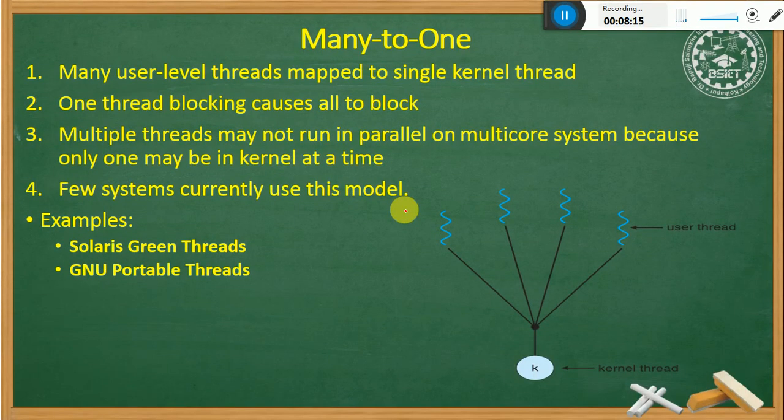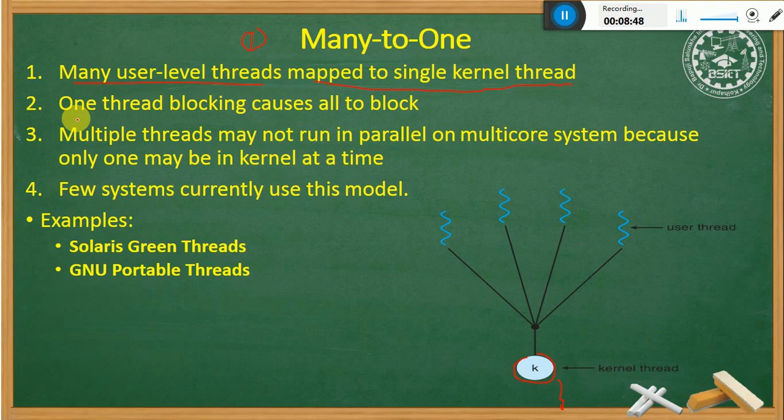The first model is many to one. In this model, many user-level threads are mapped to a single kernel thread. For execution of multiple user threads, there is a single thread in the kernel area. That approach is called many to one.